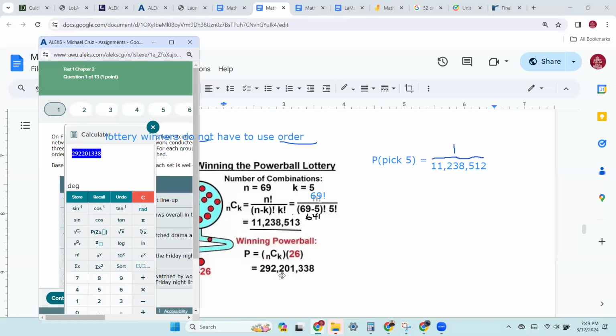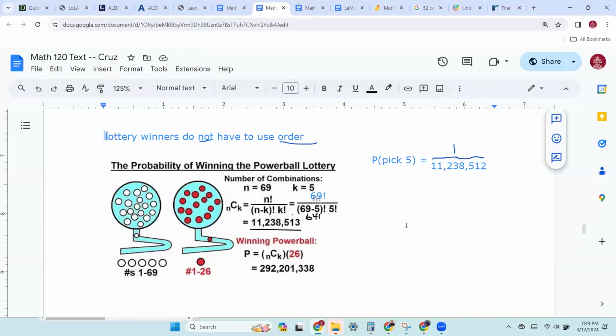That's how we get 292,201,338. That translates to not quite, but the population of the U.S. is like 330 million. So you're getting close to there being one possible number for everybody in the country.